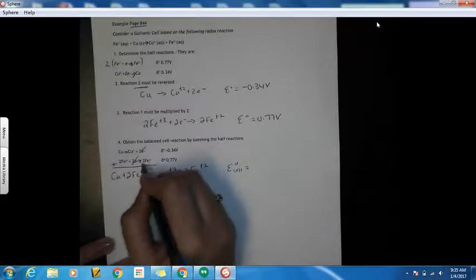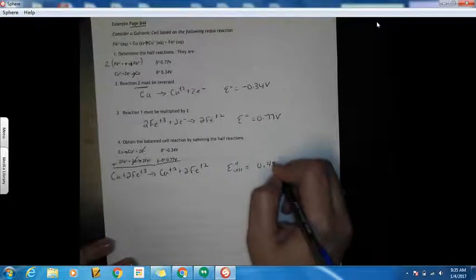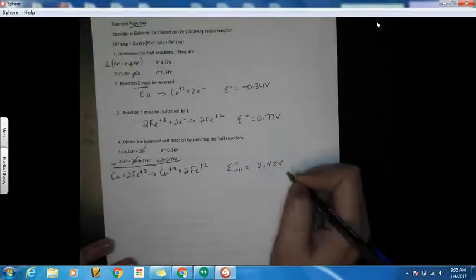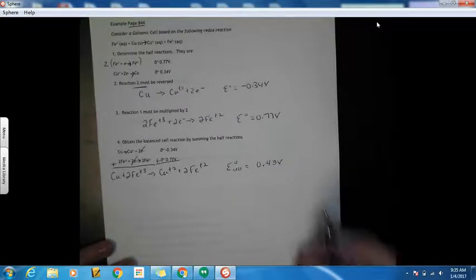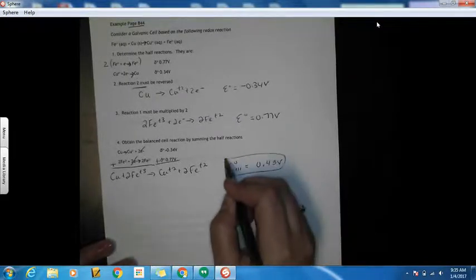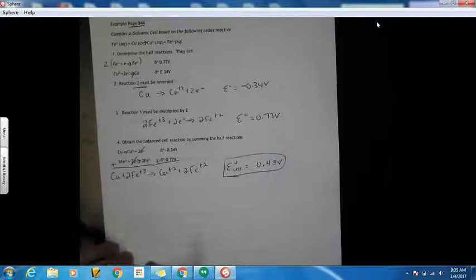We added the two halves together, so we add the values of E together. And so when we add those two together, we get 0.43 volts. Okay. And since our E cell is positive, it is spontaneous, which is what a galvanic cell always is and must be. Okay.